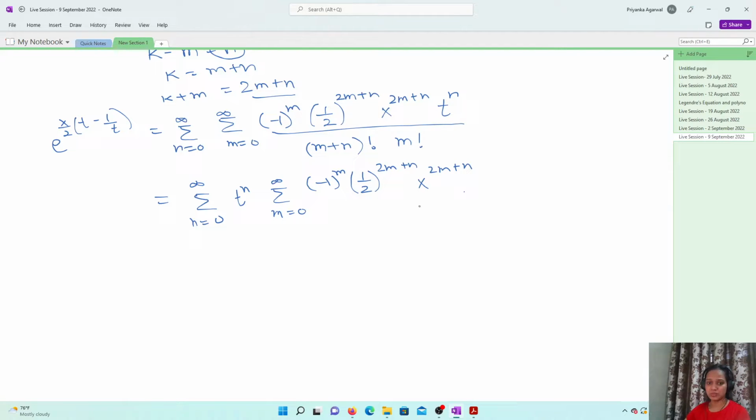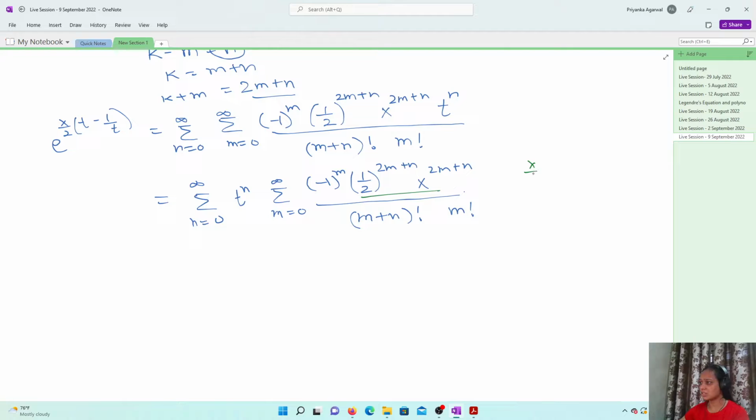Into t to the power n we have already taken out, and then what remains here is (n+n) factorial into n factorial.